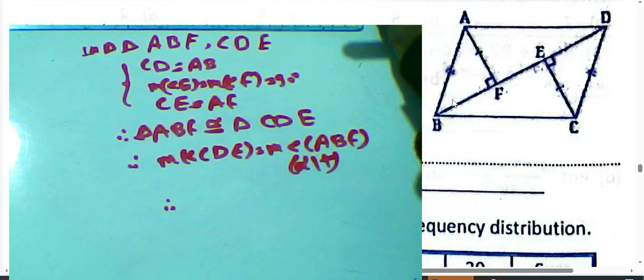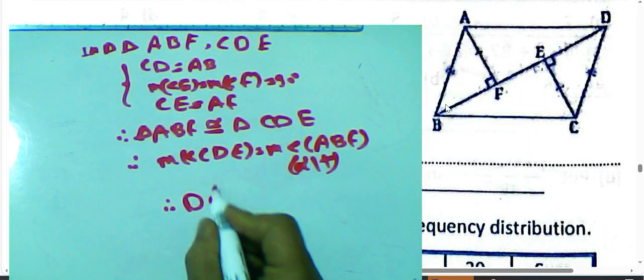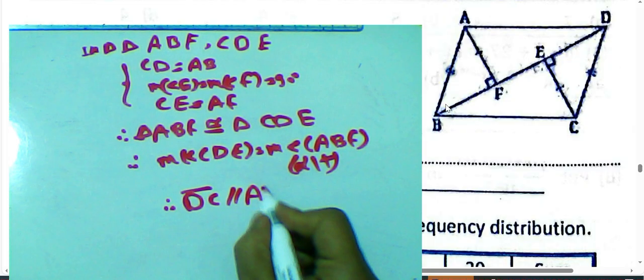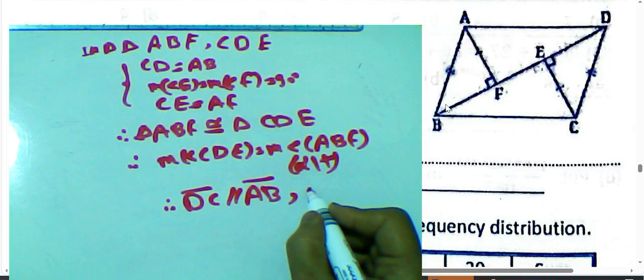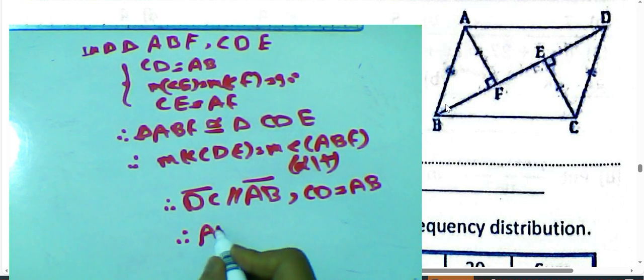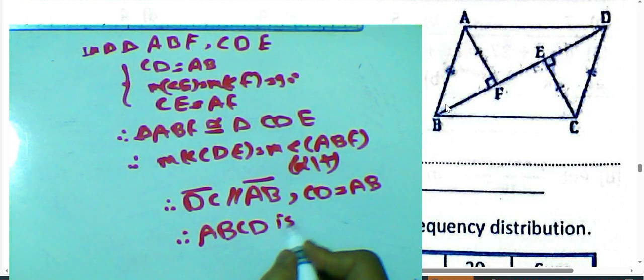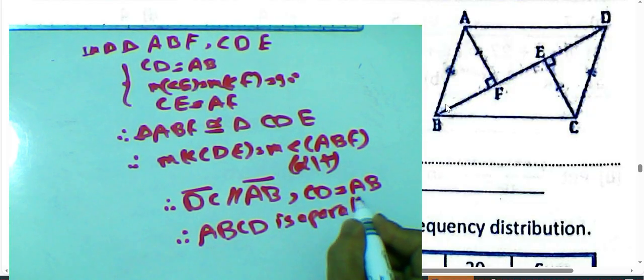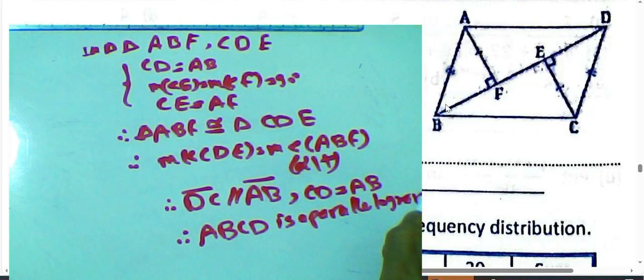Look at this angle B equal angle D, alternate angles, meaning what? It means DC will be parallel to AB. And also he gave me this information, they are equal, and CD was equal to AB. Then ABCD is a parallelogram. Okay, then this polygon we call a parallelogram.